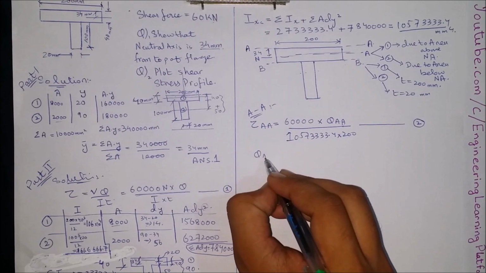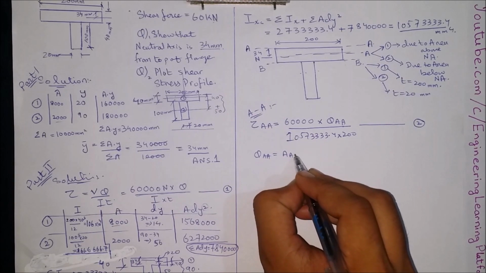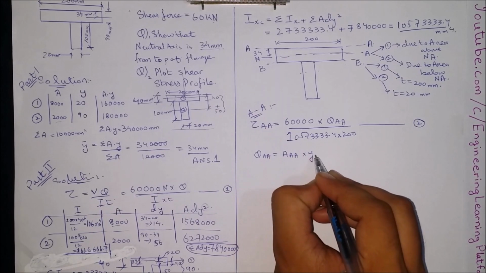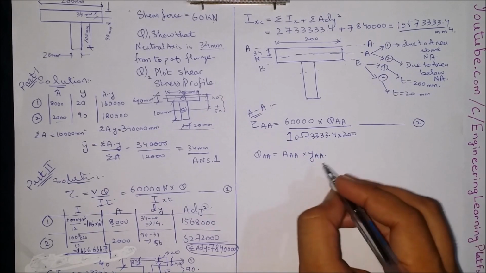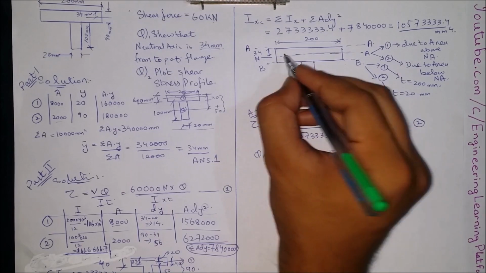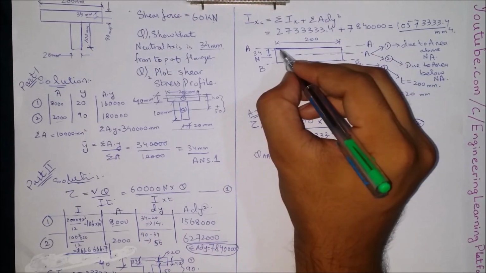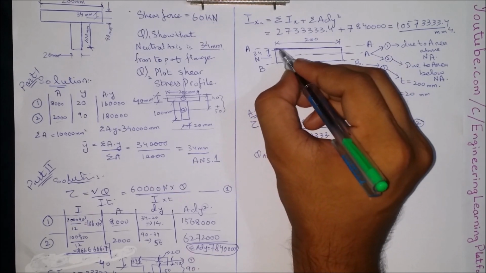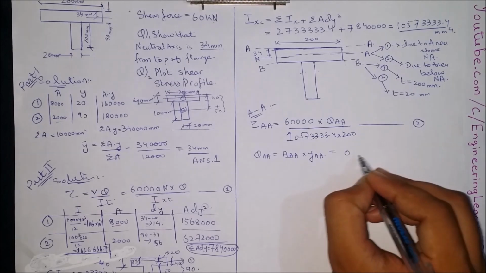So the QAA value is area AA into the lever arm of AA from the whole body center. The area AA, since it is just a line, the fiber is just a line, there is no area that exists at point or fiber AA. So it is 0.